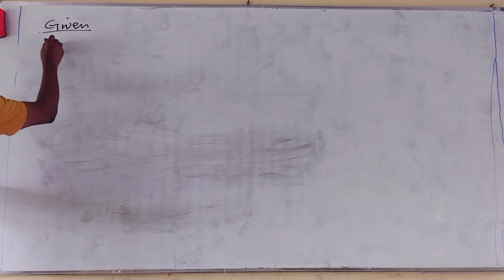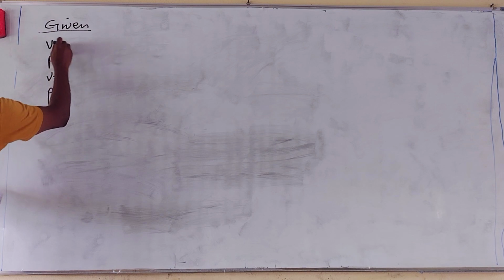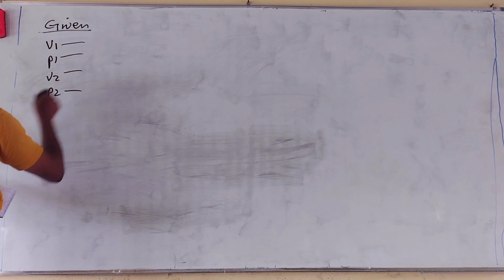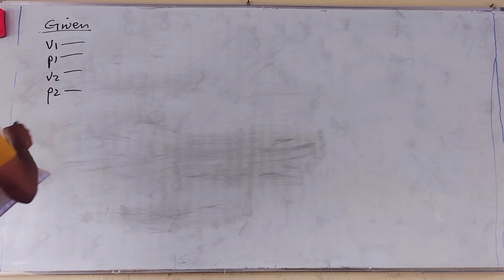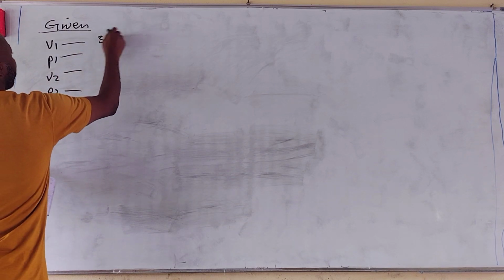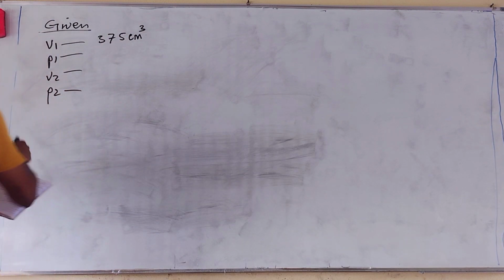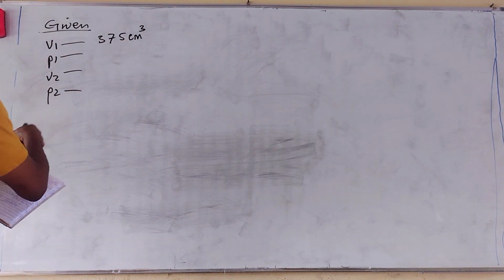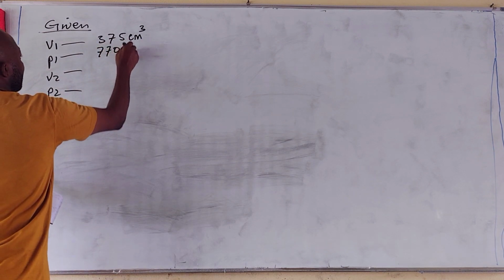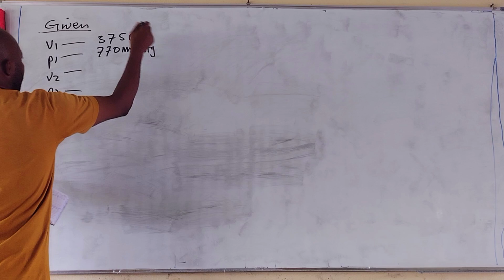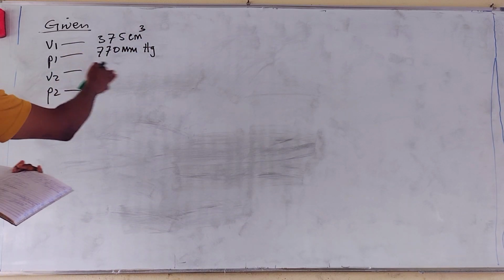I have my V1, P1, V2, P2. V1 is 375 cm cube of a gas, which has a pressure of 770 millimeter of mercury, which is another unit for pressure.